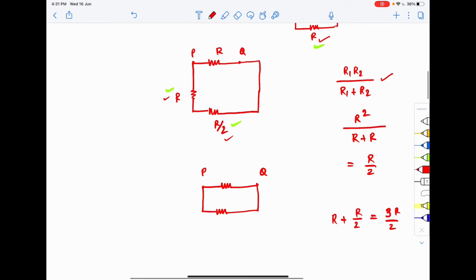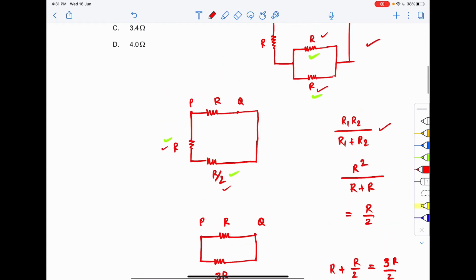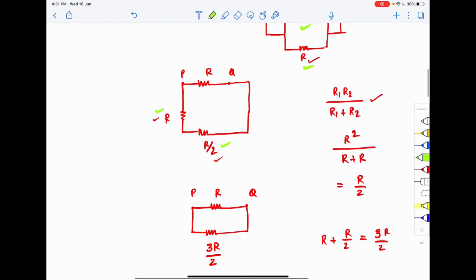So over here the equivalent resistance would be 3R by 2, and over here the resistance is R as it is. Over here this was R, so this is also R as it is.